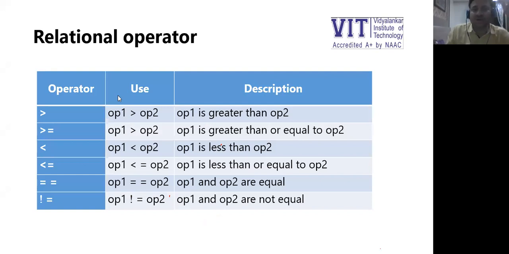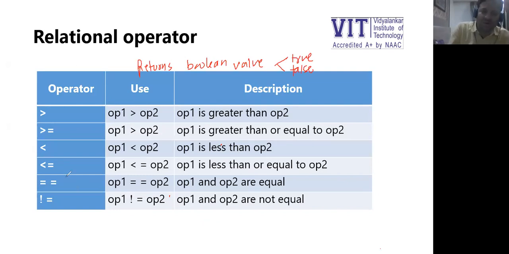Now, this is the relational operator. Relational operator returns a Boolean value. That is, it will return either true or false. So greater than, less than, equal to, and not equal to.